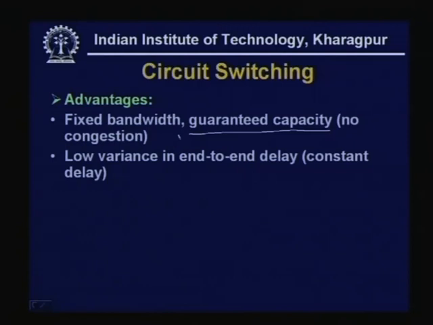That means after the establishment of the link, both the ends know what is the transfer rate possible, and there is no possibility of congestion. Since the links are dedicated, there is no possibility of sharing, no possibility of congestion.